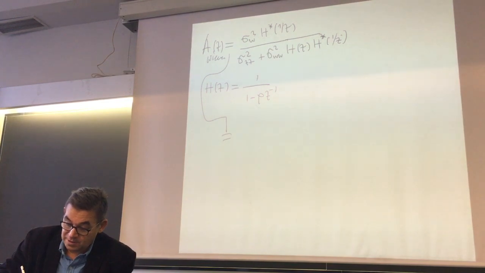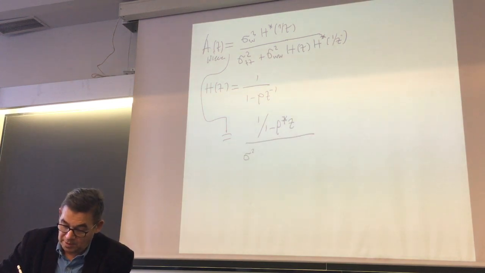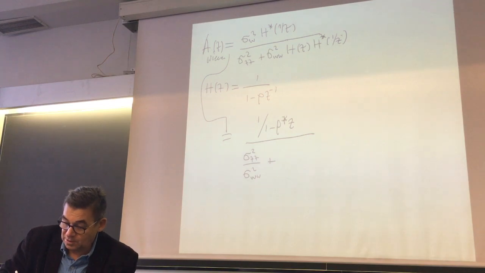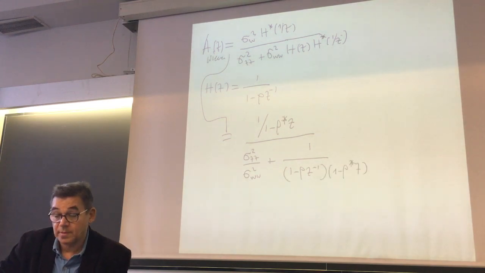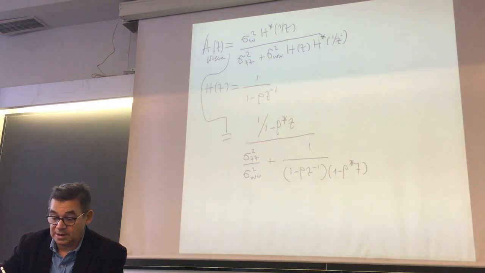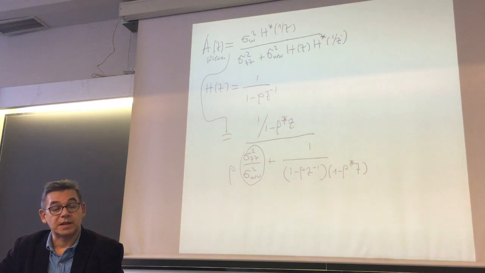Then my filter is 1 divided by 1 minus rho star z, divided by sigma square z over sigma square w, plus the new filter, 1 minus rho z to the minus 1 times 1 minus rho star z. Let me call this guy rho, just to simplify life.